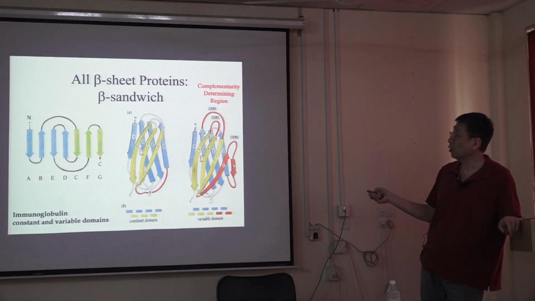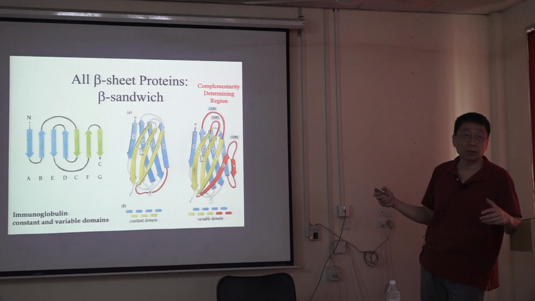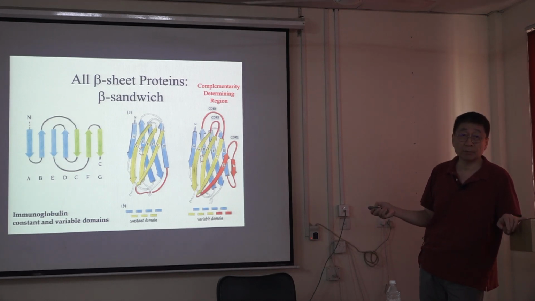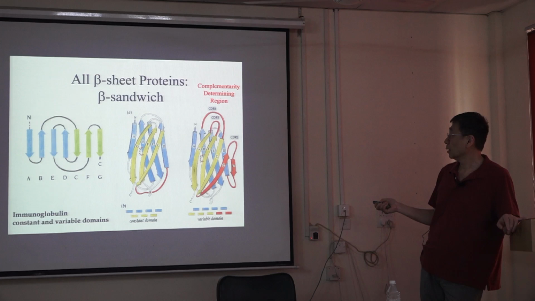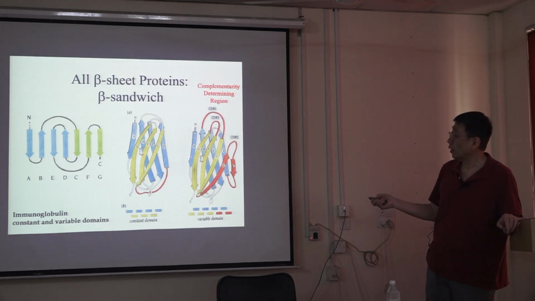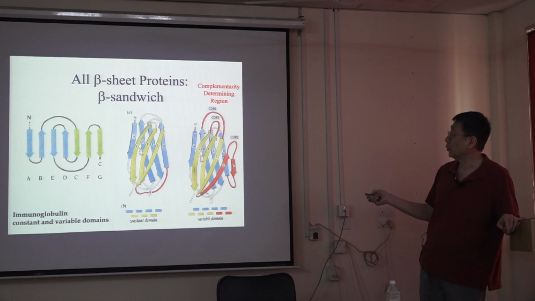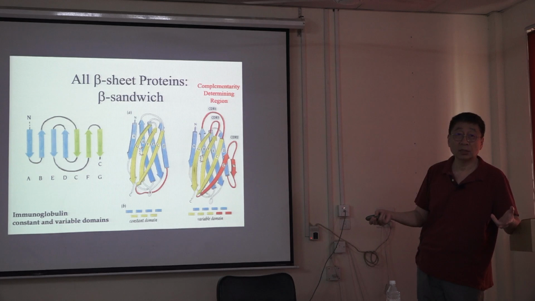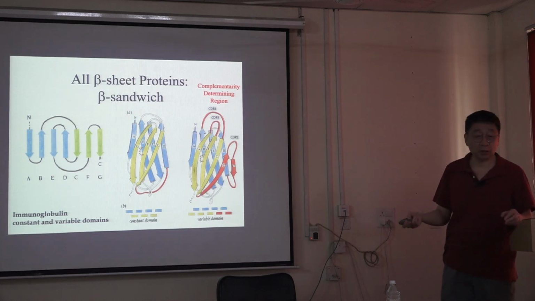These are hypervariable, and that's how your antibody recognizes different antigens, by changing the sequences of these loops. You can recognize very different antigens. Very important structure. You could say this is the scaffold that helps present these 3 loops that recognize different antigens. That's important for your immunity.